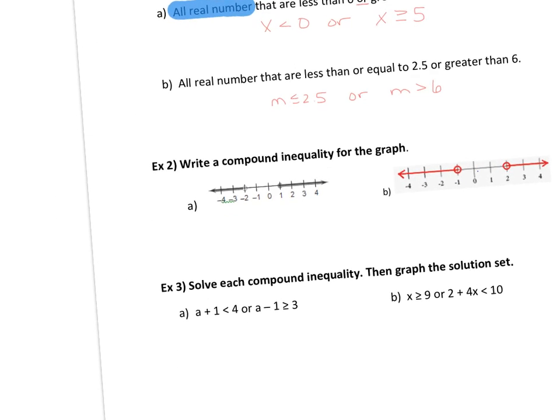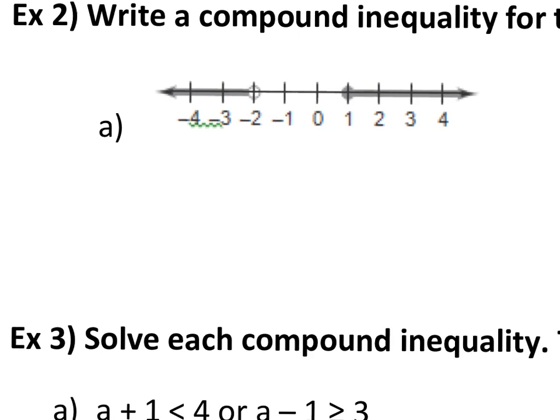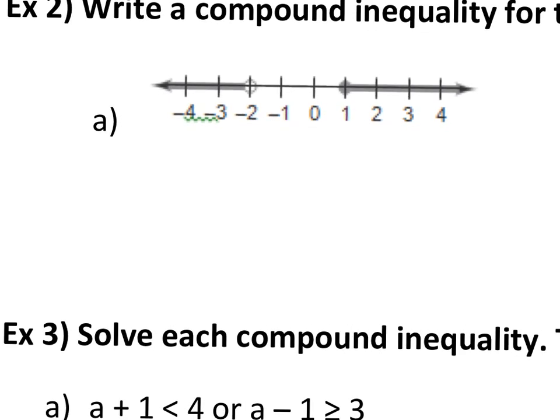Now when we look at a picture of an or, the arrows are usually going to shoot out. When we're writing, you're going to write each one individually and just stick the word or in between. So x is less than -2, or x can be greater than or equal to 1, because it's got a filled in circle, so we need that equal sign. And that would be your answer.